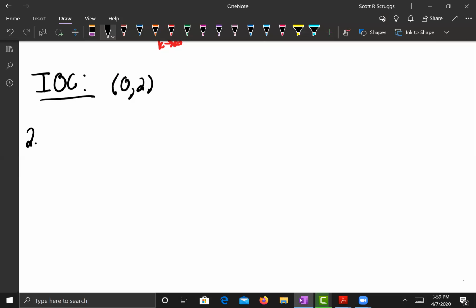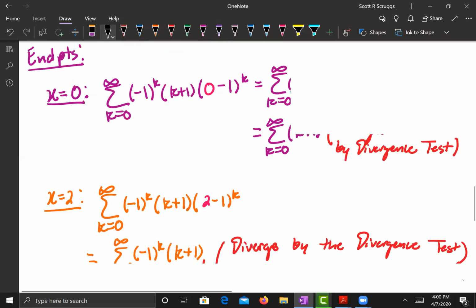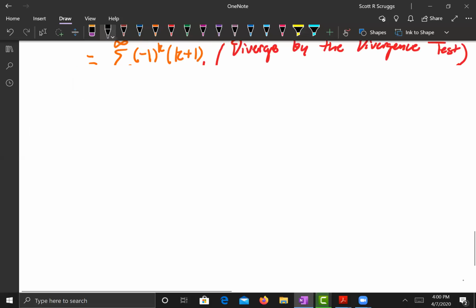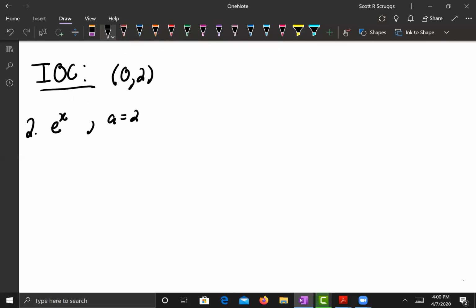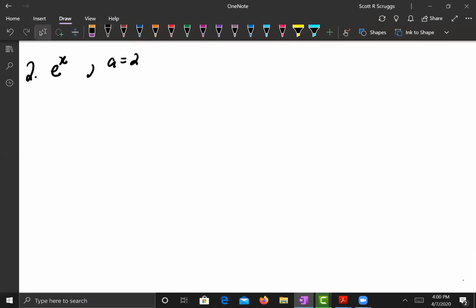Well, let's see, what will be a good one? So this one, if y'all saw the video, y'all know the Maclaurin series for e to the x? Well, now I want y'all to try to find the Taylor series for e to the x, where the center is now 2 instead of 0.